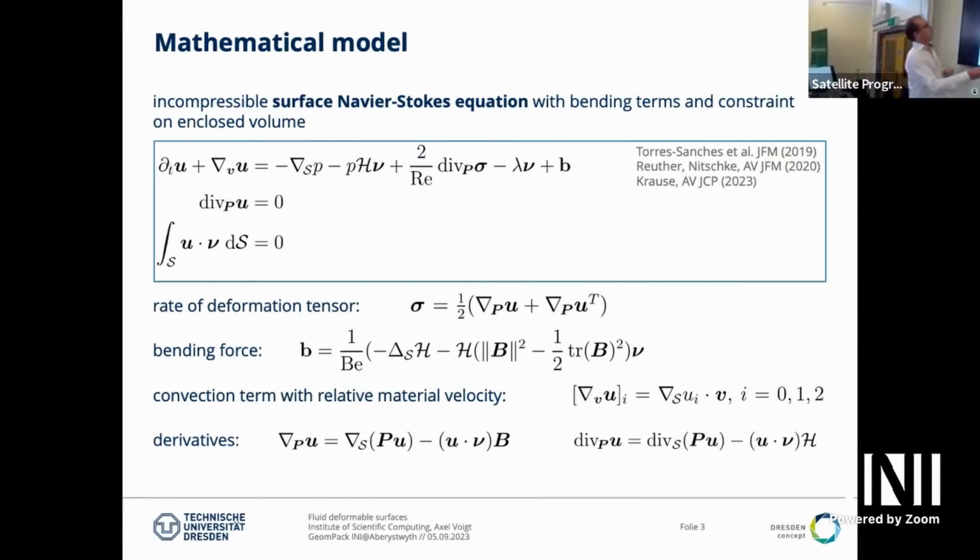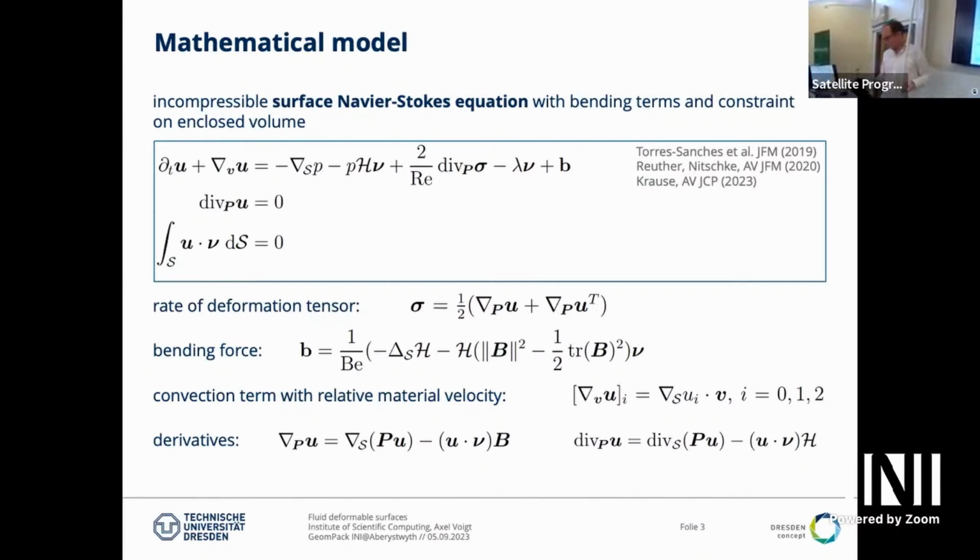And then there's some forcing term, B. This comes from my bending energy, that's essentially the variational derivative of this Helfrich energy, neglecting Gaussian curvature contributions, with BE the bending capillary number, related to the bending rigidity. And then we have this term with the Lagrange multiplier. This is used to enforce this volume constraint encoded here. So that's the model we would like to solve.